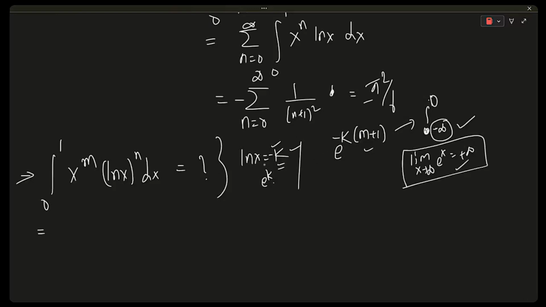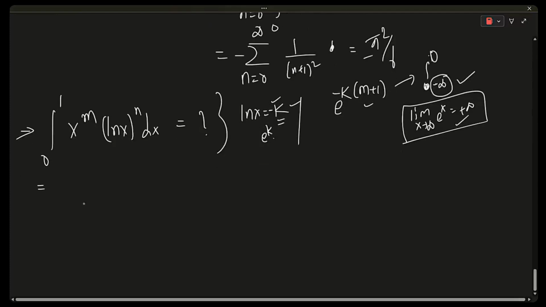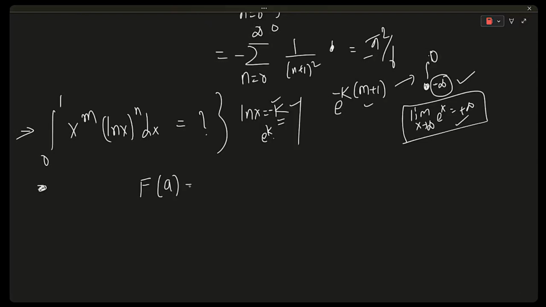Okay, sir. Okay, so just see this question. What we can do is this. Think of the question like this. Make a function f of a where a is a variable as well and write this integral. This function is this integral basically, whose value we all know to be 1 by a plus 1.